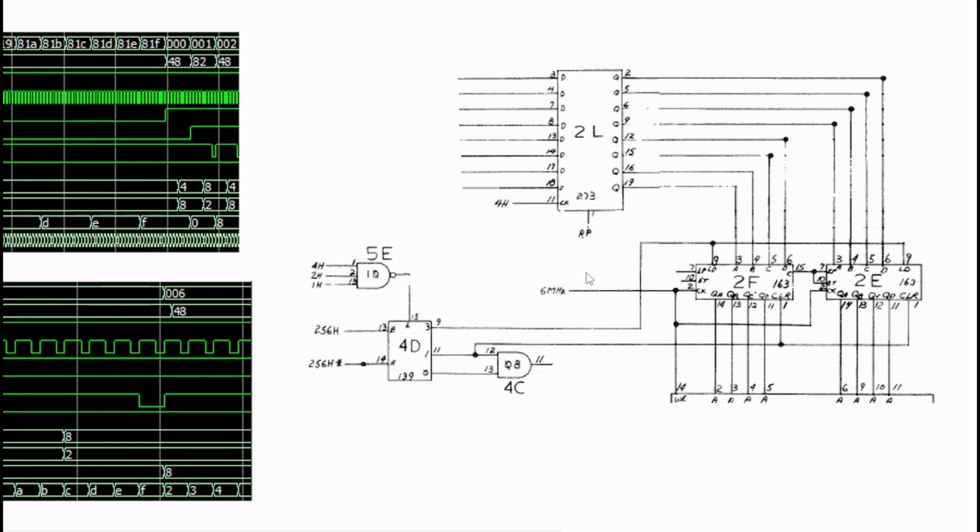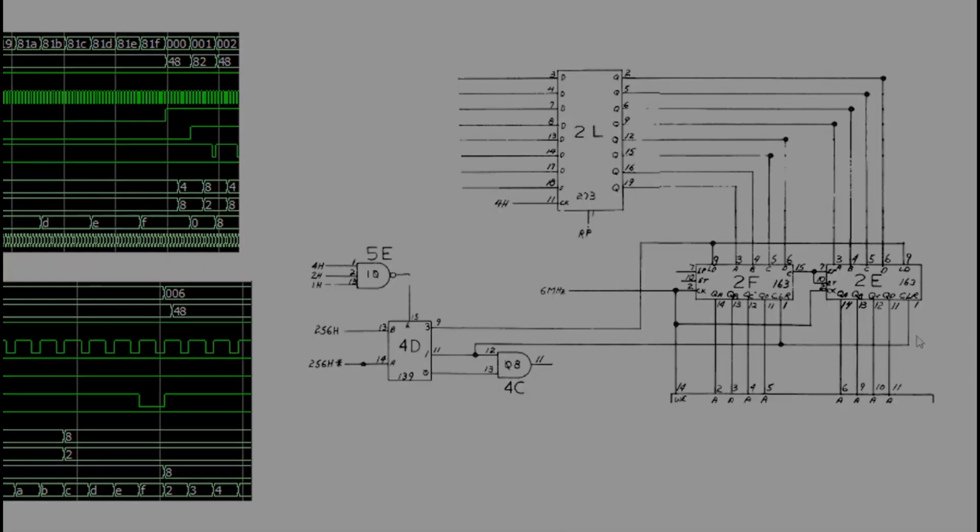And so it's counting from 0 to FF horizontally every pixel, using the two counter chips. Prior to starting that count, it's cleared to 0 by the 4D output 2. Now note, this is where I think that the schematic is wrong, because it shows output 1 in the schematic, but I'm pretty sure that should be output 2.